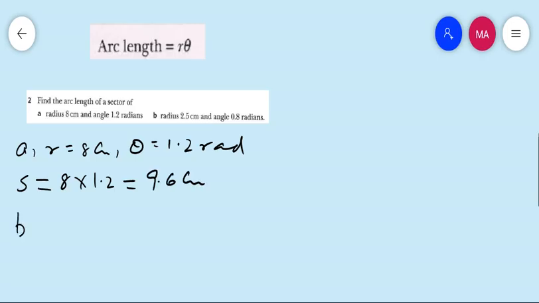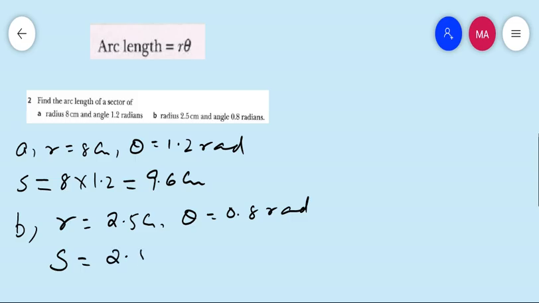This is the answer. Part B, r is given 2.5 centimeter and theta is equal to 0.8 radians. So s is equal to r, 2.5, theta, 0.8.